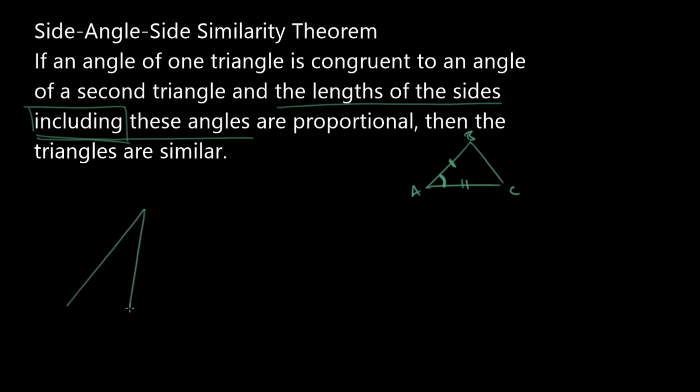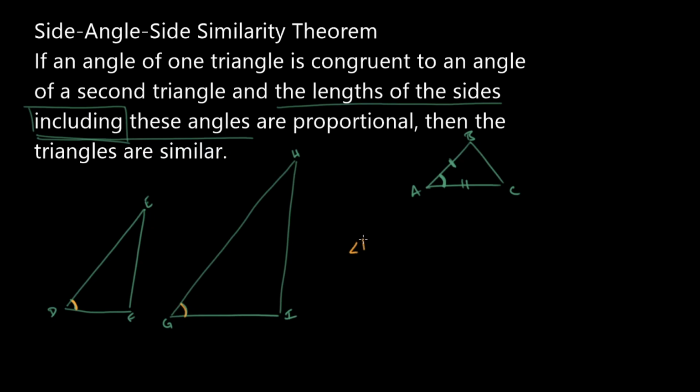So if I have two triangles, again, that are somewhat similar looking. I use DEF and GHI. If I want to say that these two triangles are similar to each other, I need to show two things. If I have a pair of corresponding angles that are congruent, so let's say I have angle D and angle G congruent.